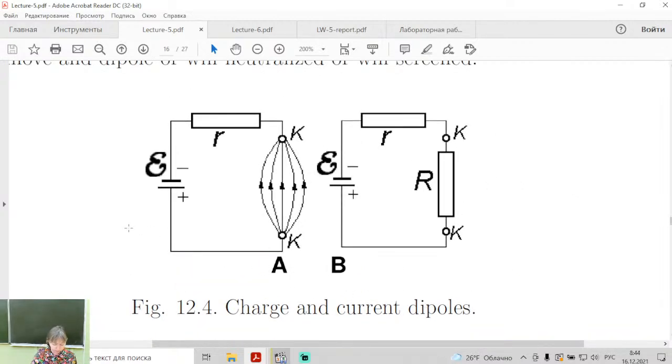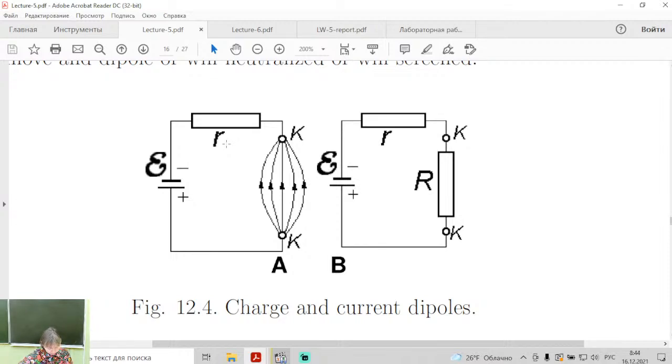A current dipole can be a system in which an electric potential difference is maintained, for example, part of an electric circuit in which direct current is present. On the figure, E is a voltage source, and r is the equivalent of internal resistance of the voltage source.